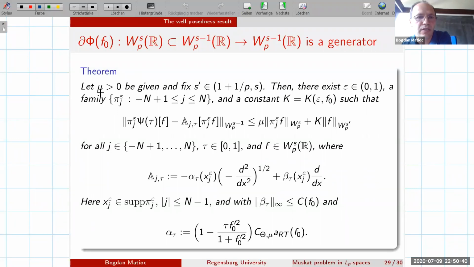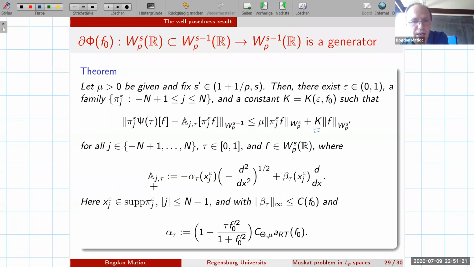So mu is a small constant which is given, s prime is less than s, and the result says that we can find epsilon sufficiently small such that psi of tau evaluated at f can be locally approximated by an operator a j tau evaluated at pi j epsilon f, in the sense that this difference is smaller than this small constant times the norm in W^s_p, plus a larger constant times the norm with an exponent s prime less than s.